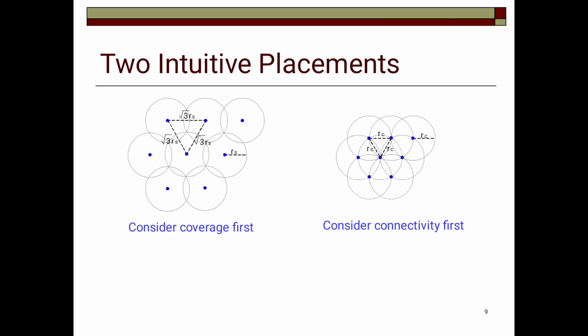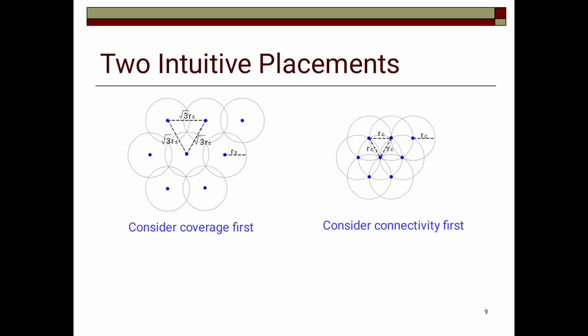The distance between any two sensors should be root 3 Rs, where Rs is the radius of the circle. Normally, sensors are kept at the center of the circle, and the distance between two nodes should be root 3 Rs.